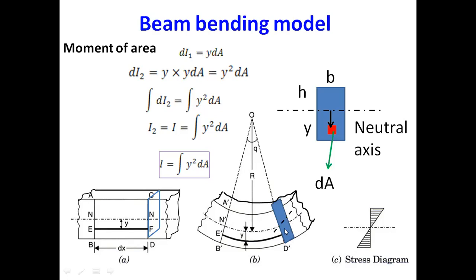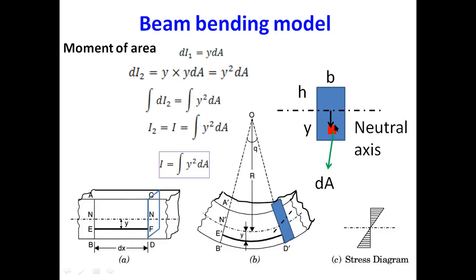So the first moment of this area would be what? It would be the area dA times y. So the first moment of this small area, let's call it dI1, is equal to the area itself, dA, times the moment arm. The moment arm here is y. So dI1 is equal to y dA.